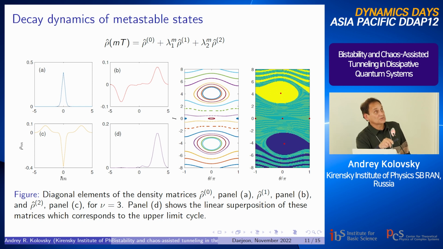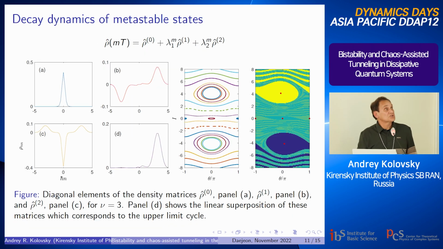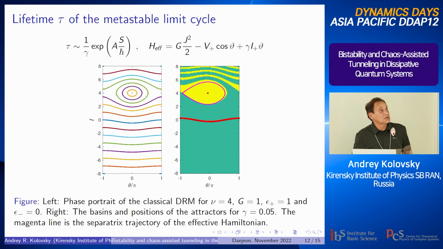Of course, then you see that these resonances have a finite lifetime. In terms of the previous figures, this lifetime will be determined by the gap between this line and the upper line. But because of this simple structure, we can obtain an analytical estimate for the lifetimes of the nonlinear resonance.